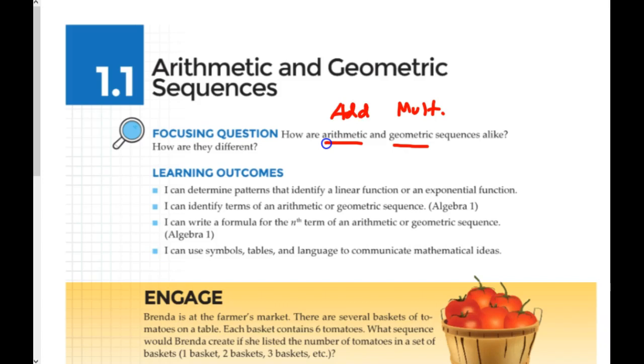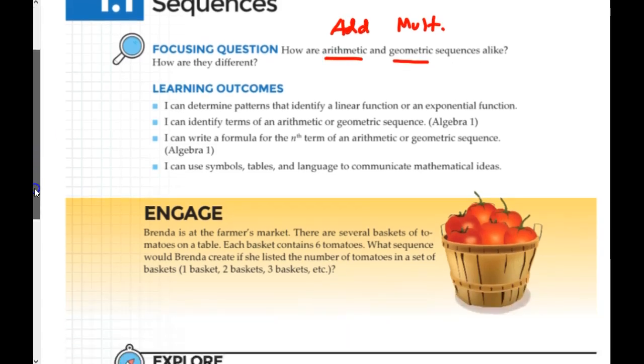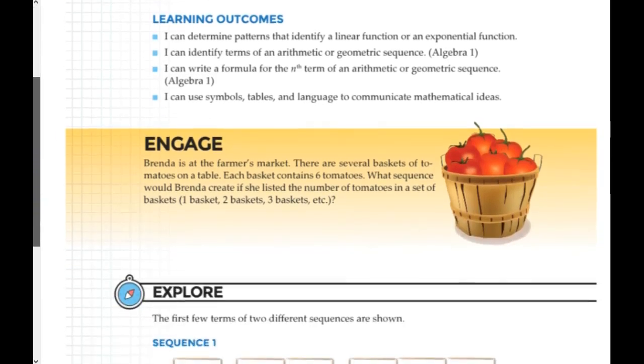Okay, you're going to be able to do those objectives. Now this first one is kind of weird. It's really actually simple. If we have baskets of tomatoes, okay, let's read it. Brenda is at the farmer's market. There are several baskets of tomatoes on a table. Each basket contains 6 tomatoes.